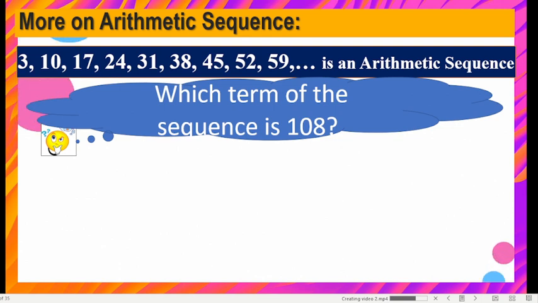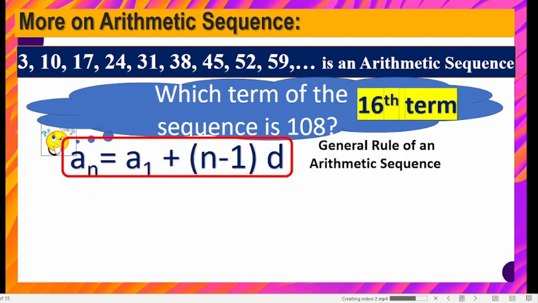Based on our previous example, we know that 108 is the 16th term of the given arithmetic sequence. Now, let us prove that 108 is really the 16th term using the formula or the general rule of an arithmetic sequence.